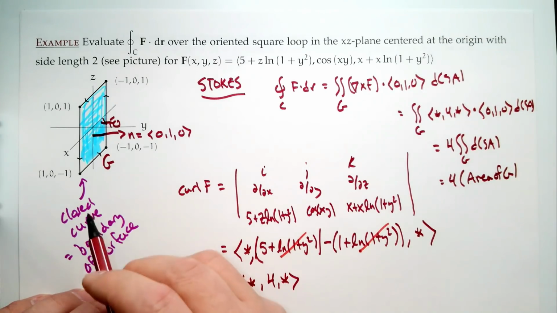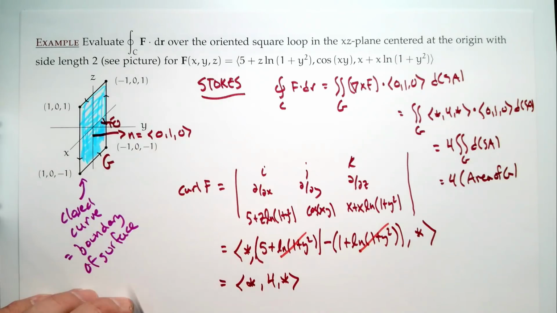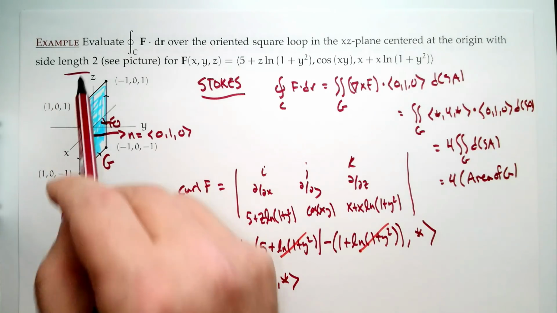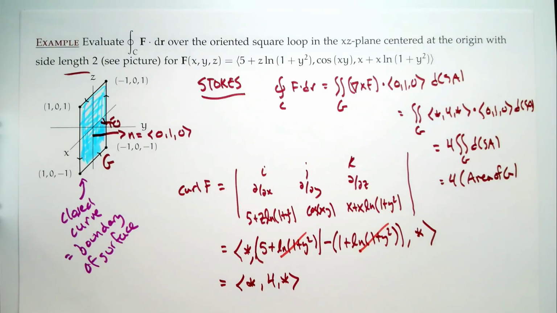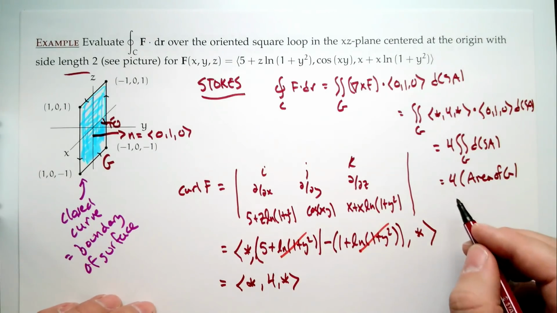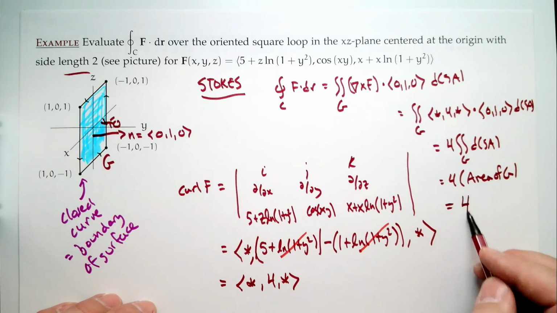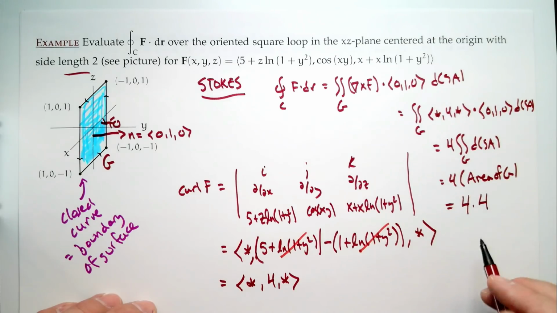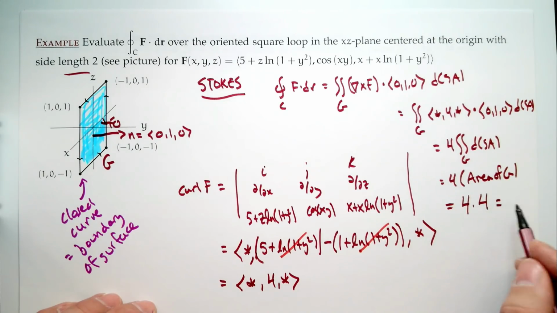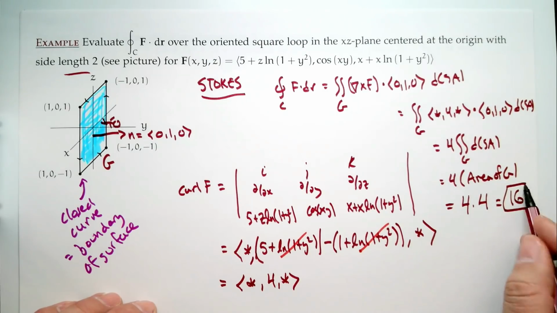Well, let's look at our surface. It's a square which has sides of length 2. And I know it has sides of length 2. It says it right there. So how much area is there? Well, a 2 by 2 square has area 4, giving us our final answer of 16.